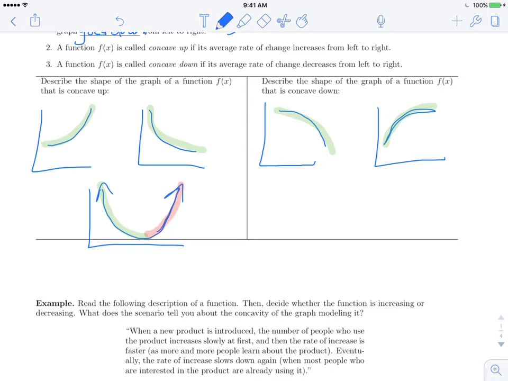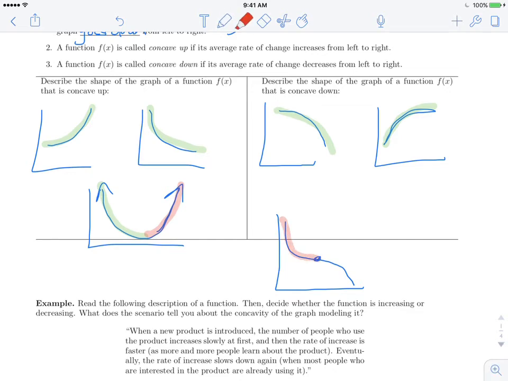For instance, here's one that is actually going to be different concavities, but is always decreasing. So something that looks like this. Oh, I didn't want that to be a straight line. So something like this. Okay. Right at this point right here, it breaks in concavity. It's concave up right here.